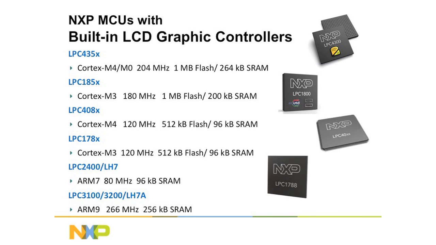NXP, we've been doing ARM-based 32-bit micros for a very long time. The ARM7 is just your solid microcontroller. The ARM9 is more of an application processor. If you want to do high-end Linux, you would use an ARM9. It typically has a memory management unit. So ARM said, great, ARM7's great, let's reduce the power, increase the speed. We came out with the Cortex M3.